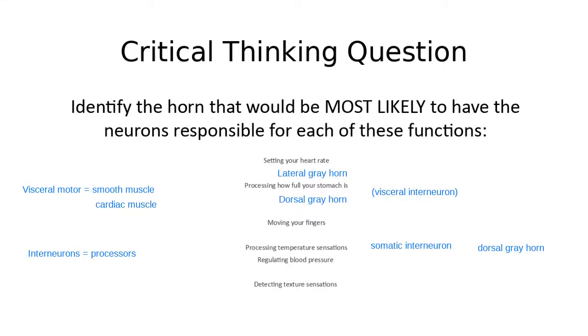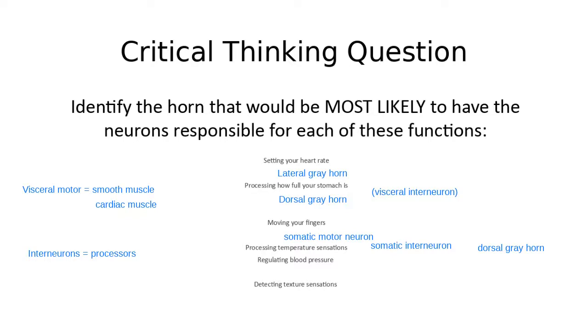So we are looking for the type of neuron that would control skeletal muscle. So the type of neuron that controls skeletal muscle is what we call a somatic motor neuron, because it's doing skeletal muscle.